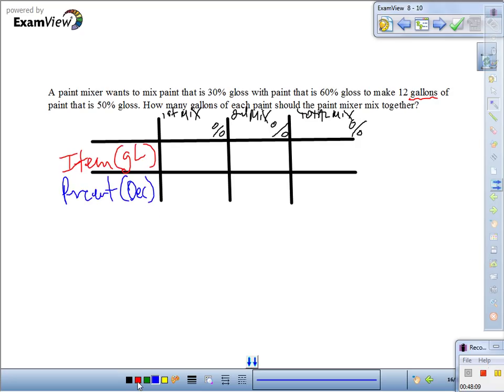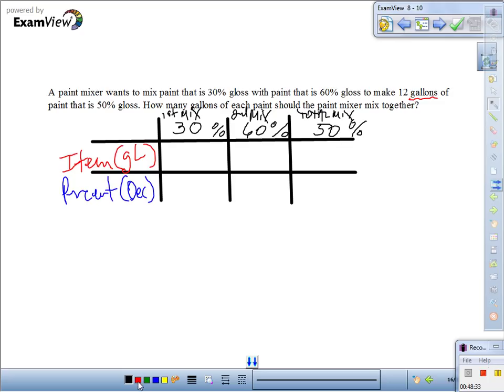So let's see. Let's fill out the first mix. How much percent was the first mixture? 30. Very good. What was the second mixture? 60. What was the total mixture? 50%. Okay.